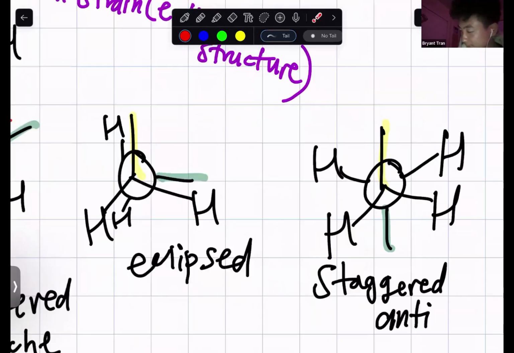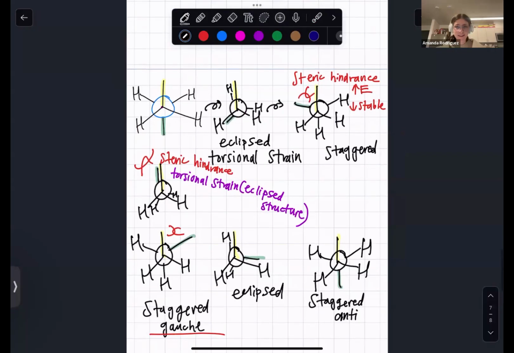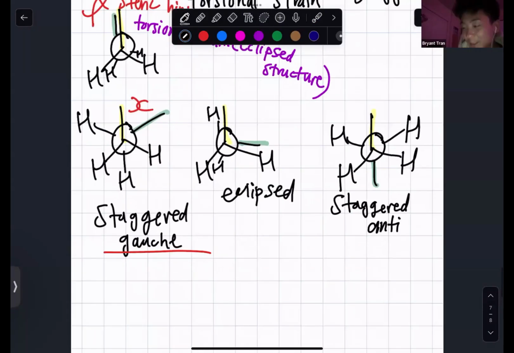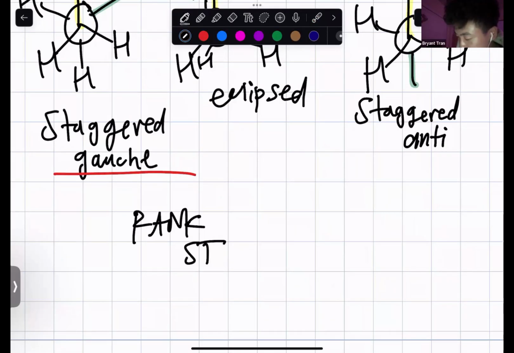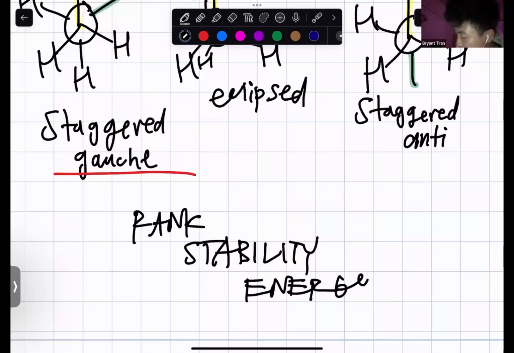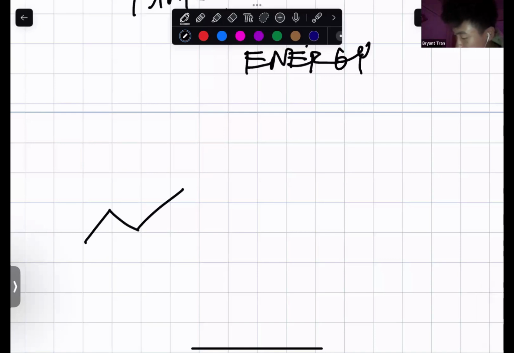Right? Okay. Did that help, Amanda, of how to see the Newman projections? That's good. There's gonna be more to it, right? Like there's gonna be ranking the stability, ranking the energy. And there's gonna be different ways of looking at it with wedges and dashes.